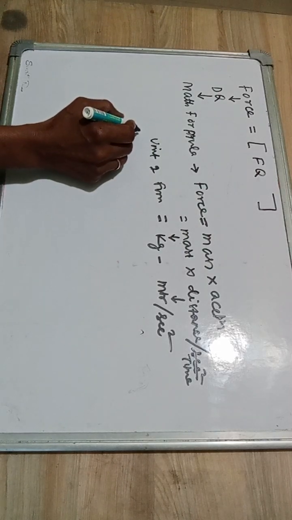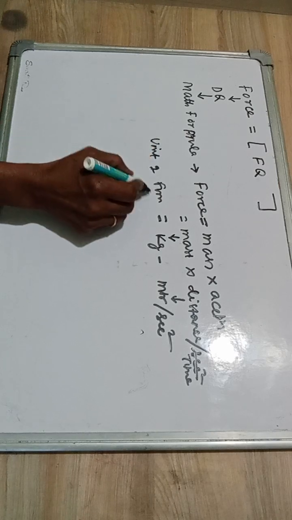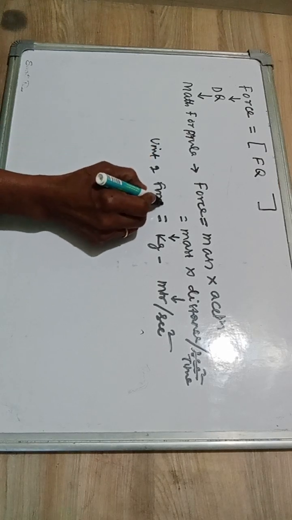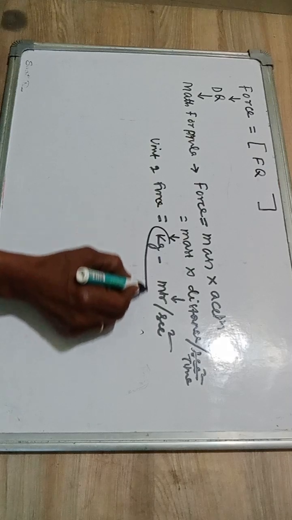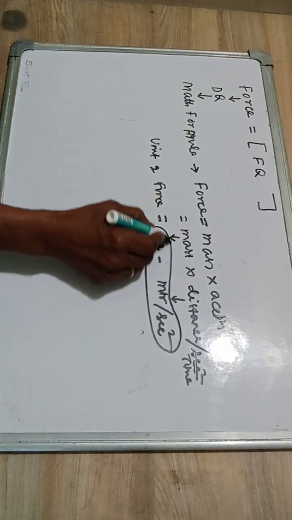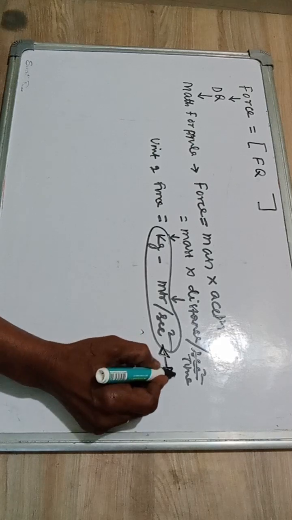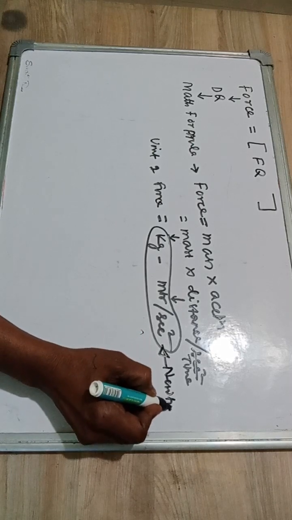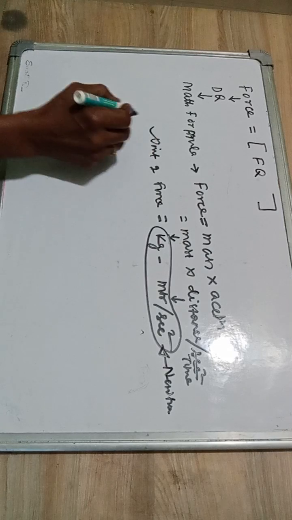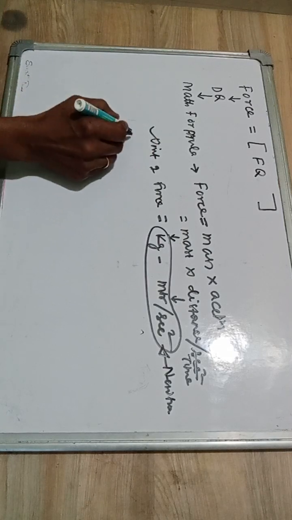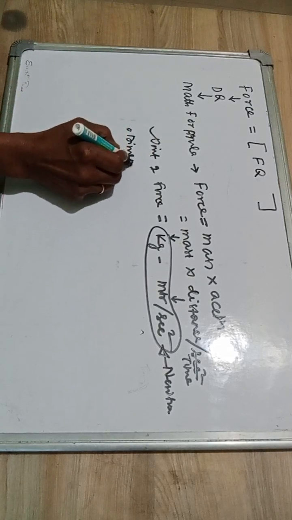Now, the unit of force is kg multiplied with meter per second square. We have given it the name Newton. This is the unit.